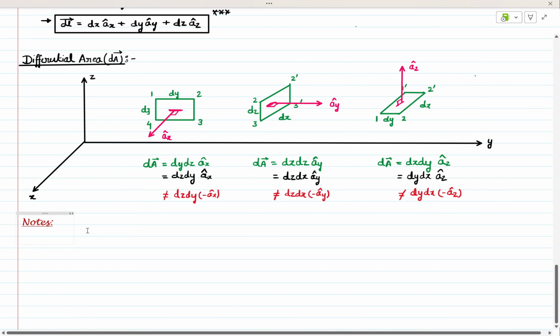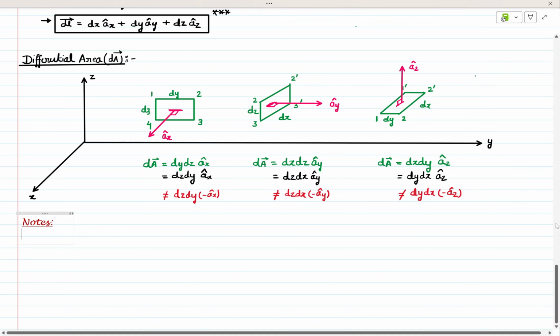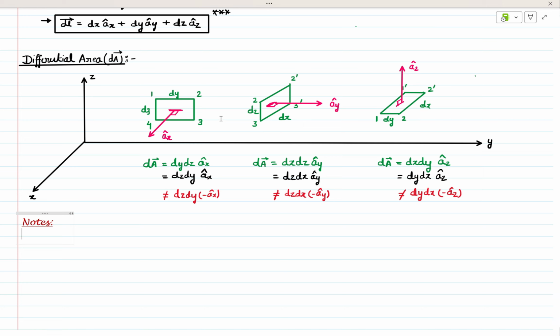Number one is whatever I have already discussed: the area vector is always normal to the surface. Area vector means this ax, ay, and az, which is normal to the surface, whether the dx dy surface, dx dz surface, or dz dx surface, whatever I have shown. The area vector is always normal to the surface and taken away from it.